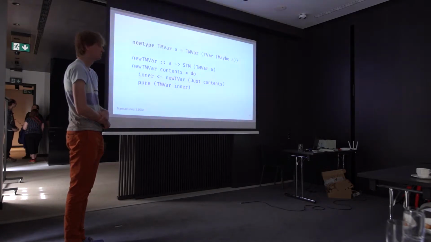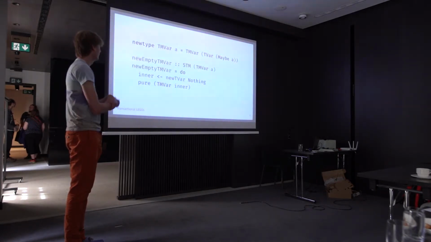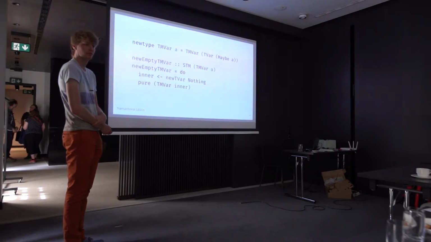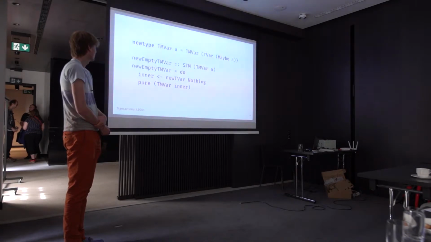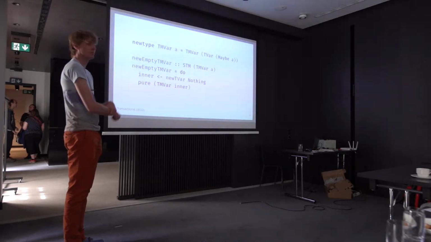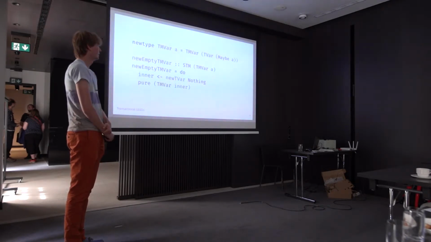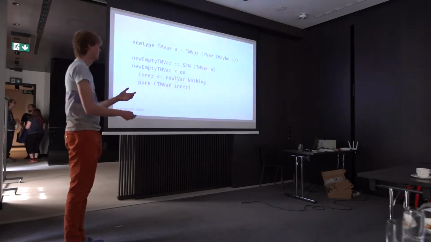Right? Cool. And the empty one is the same, but with Nothing instead of Just. Nothing really earth-shattering, but it's good to see that you can take the TVAR as a building block and do other stuff with it.